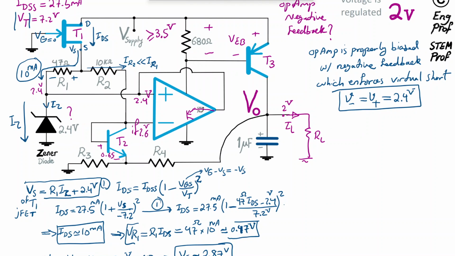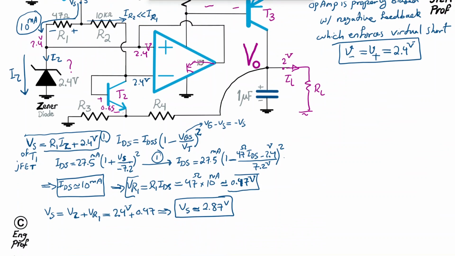Remember that because of the virtual short, the op-amp will enforce the same voltage at positive and negative terminals. So nominal 2.4 volt, then nominal 2.4 volt here as well. So we can find the voltage drop across R2 as well, because on one side of R2 we have just the voltage of source. On the other side of R2 we have 2.4.